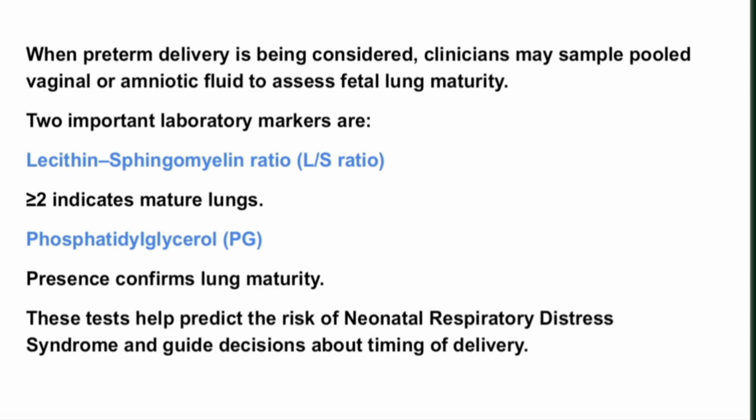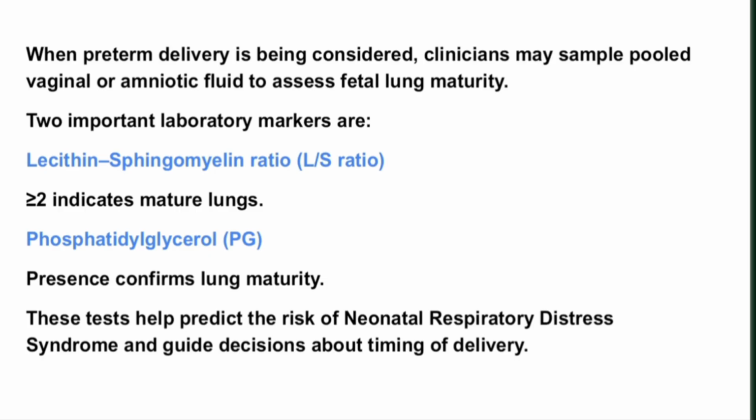When preterm delivery is being considered, clinicians may sample pooled fluid from the vagina or amniotic fluid to ascertain fetal lung maturity. The two important laboratory markers are the lecithin sphingomyelin ratio, which if greater than 2 indicates mature lungs, and phosphatidylglycerol, whose presence confirms lung maturity.